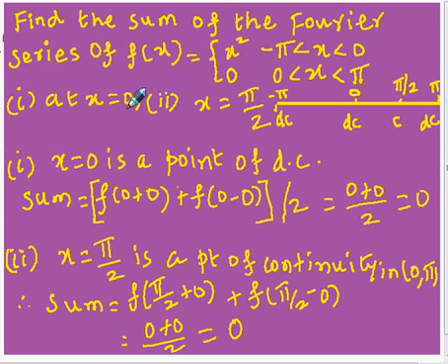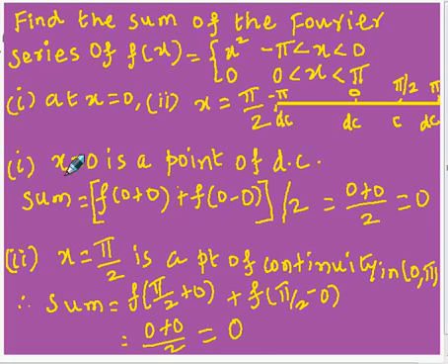And once a point is given for the convergence of the Fourier series, or to find out the sum of the Fourier series, the point is to be decided whether it is a point of continuity or a point of discontinuity. And from the picture we shall understand that at x is equal to 0 the function is discontinuous, so x is equal to 0 is a point of discontinuity.